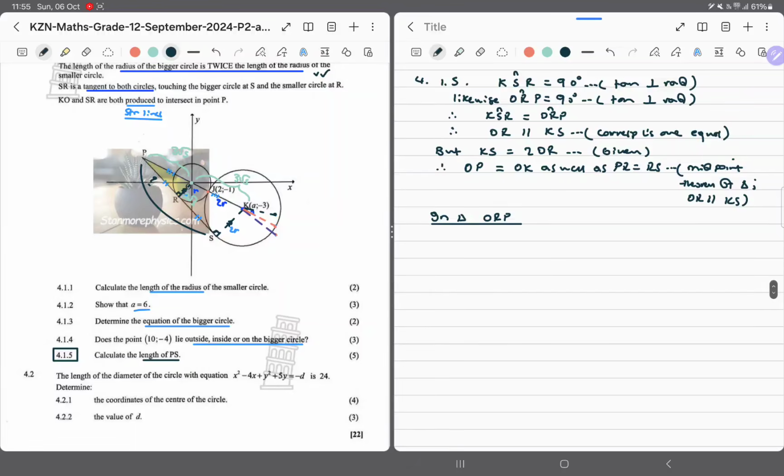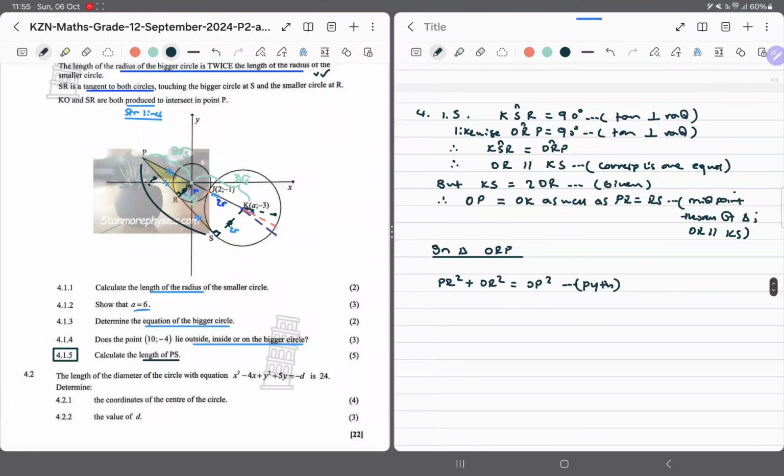We can clearly see that PR squared plus OR squared should be equal to OP squared. This is Pythagoras, because we have discovered and explained that those angles were 90 degrees.